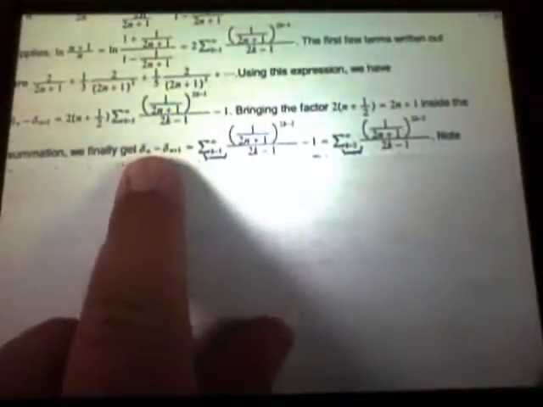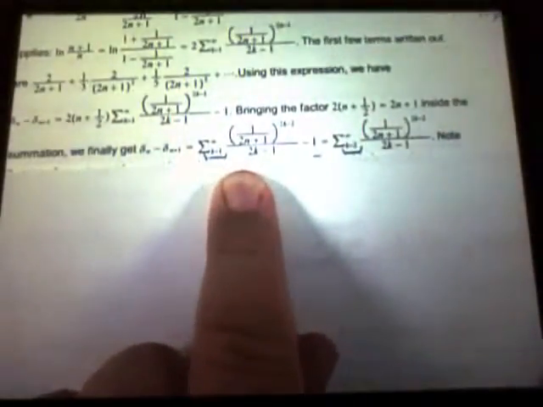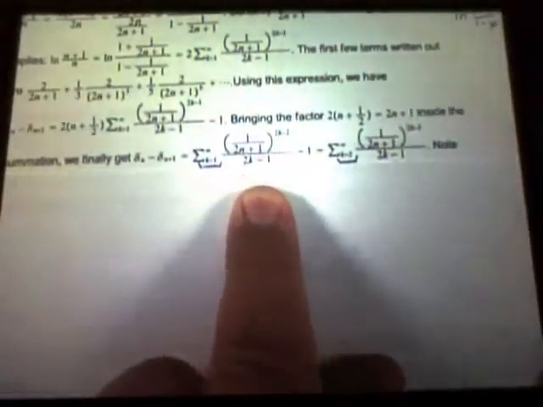So this is just 2n plus 1. Inside the summation, we get this, so delta n minus delta n plus 1 is this, minus 1. We still have that minus 1 from here. But we can start this one at 2 here, because at k equals 1, we have 1. So we'll just start it at k equals 2, right?